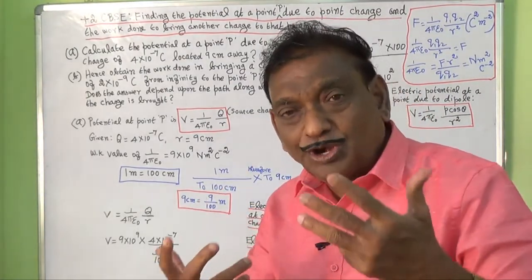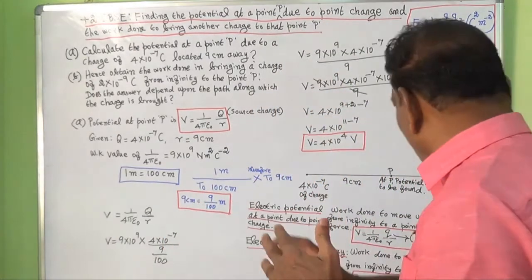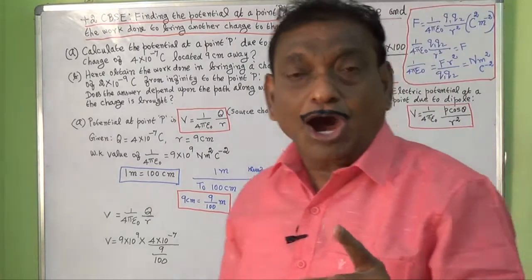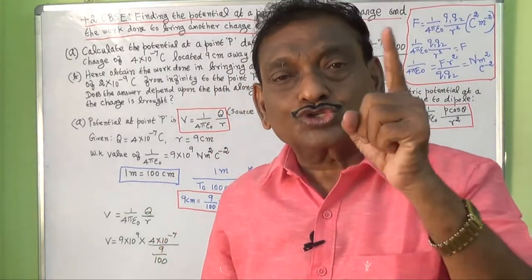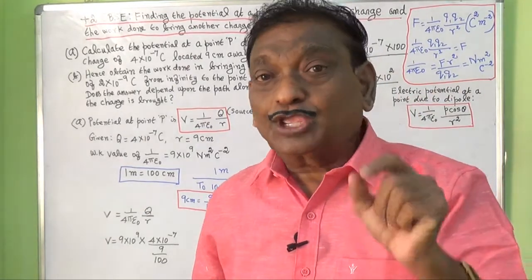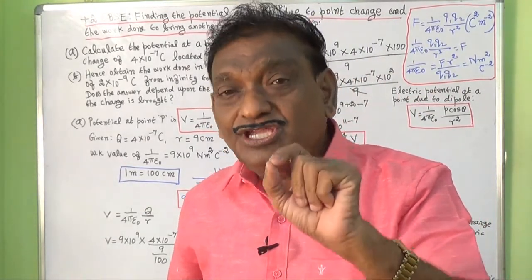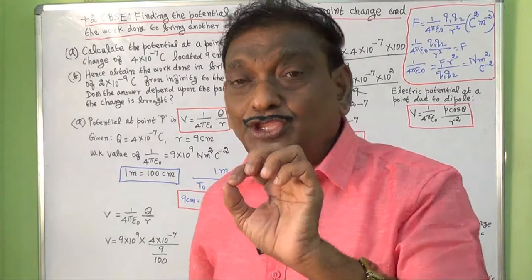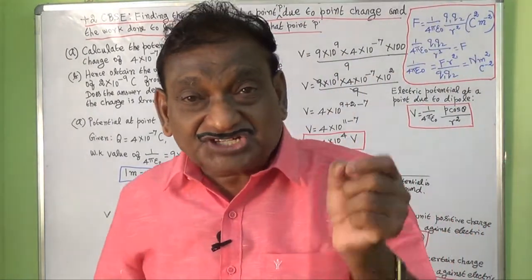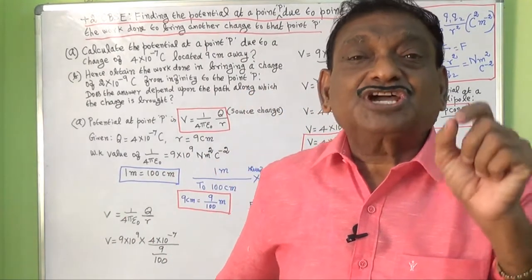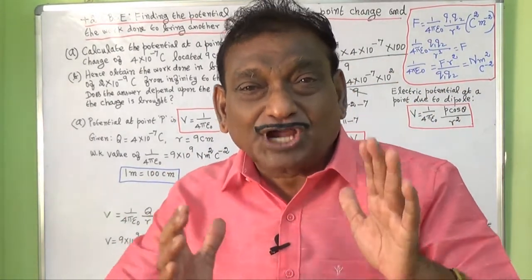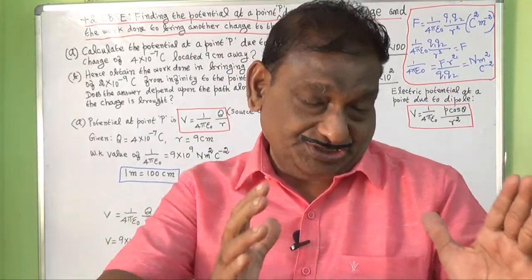We can also write capital Q into small q. The capital Q or Q1 is the source charge, as we already told. The Q2 charge or the charge small q is the test charge. What is test charge? It is the charge which tests the effect of the source charge.